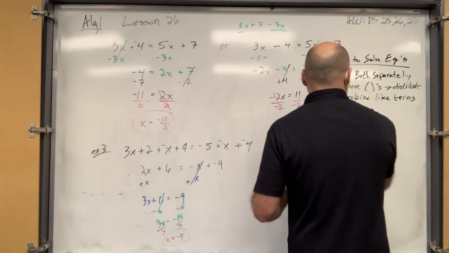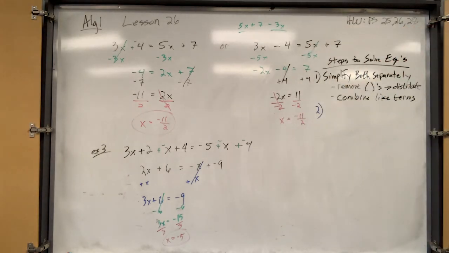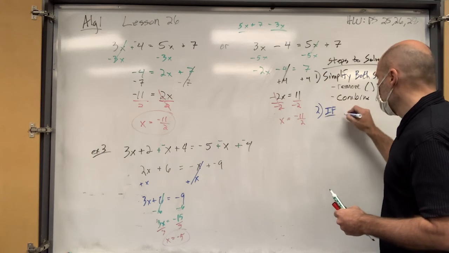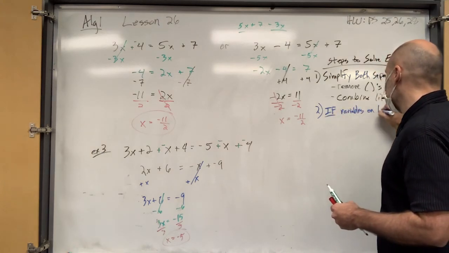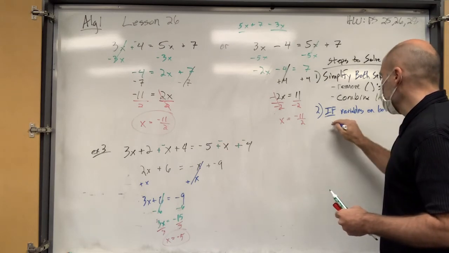is a conditional step. The condition is if you have variables on both sides, then get rid of the smaller one. Okay, so if, underline if, you have variables on both sides, eliminate smaller one.